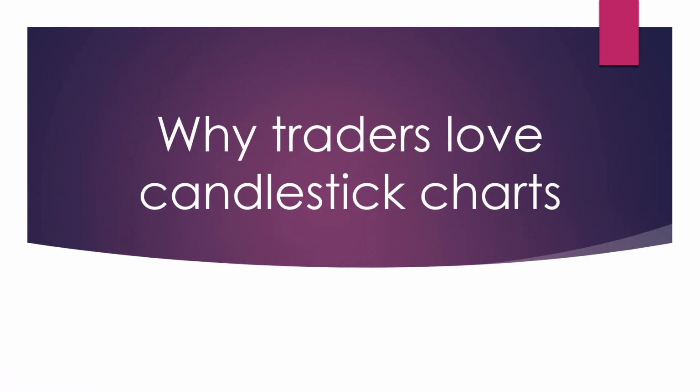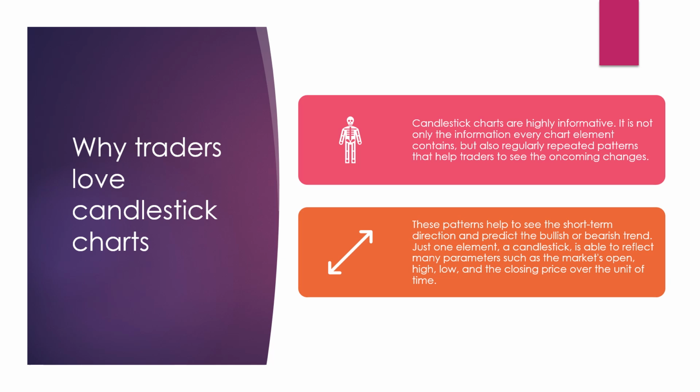So why do traders love candlesticks so much? Well, candlestick charts are highly informative. It is not only the information every chart element contains, but also regularly repeated patterns that help traders to see oncoming market changes. These patterns help to see the short-term direction and prediction of the bullish and bearish trend.